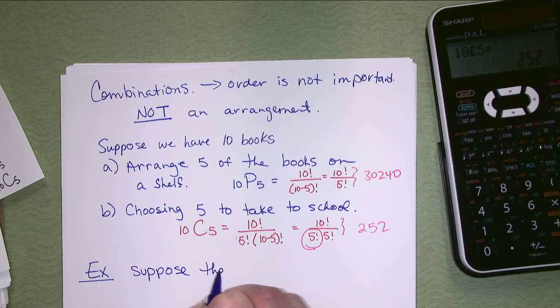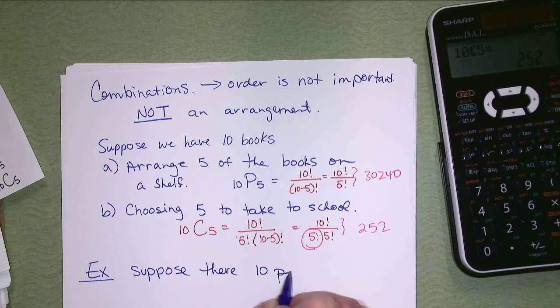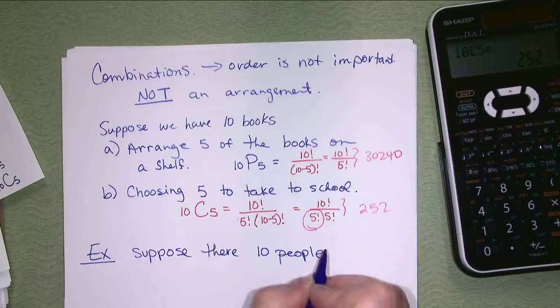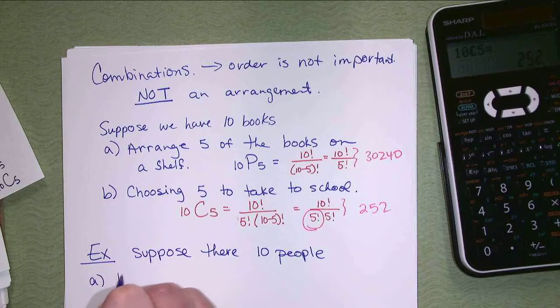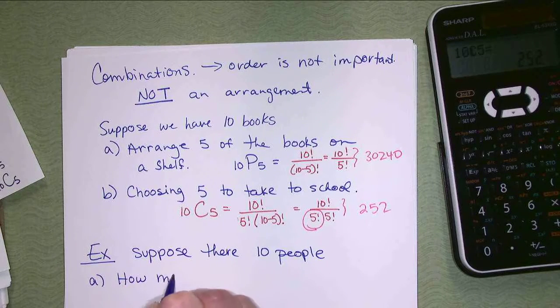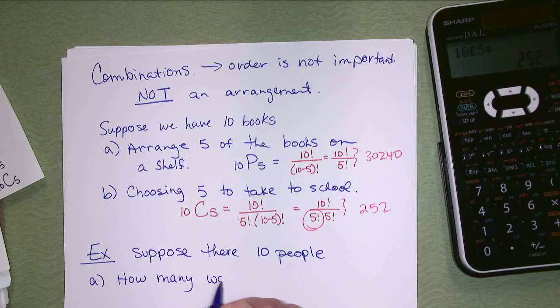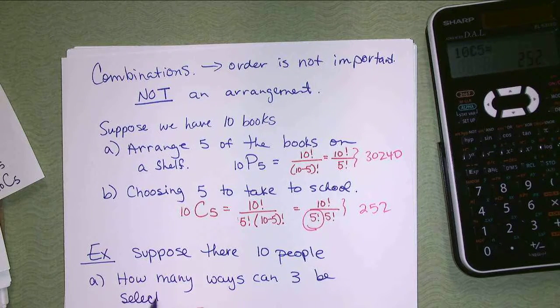Okay, so suppose there are 10 people. How many ways can 3 be selected to win $10 each?